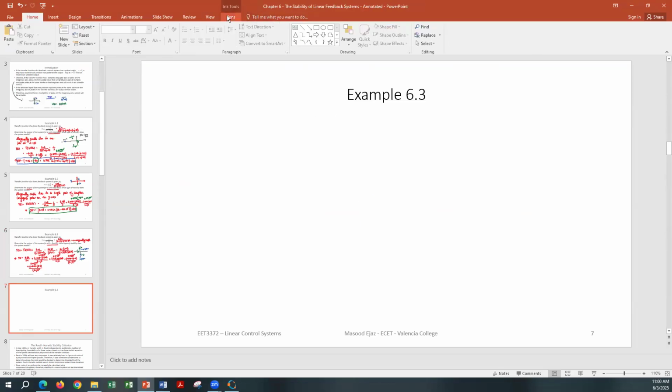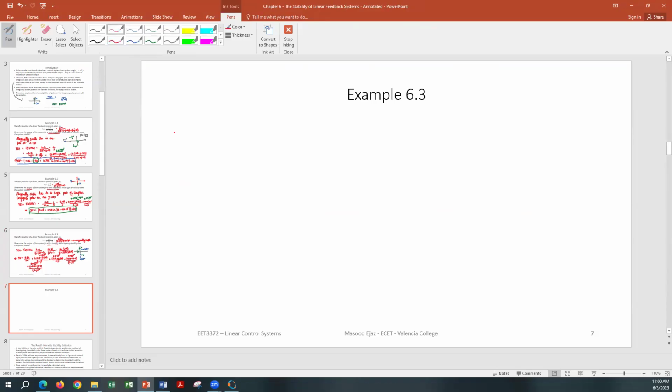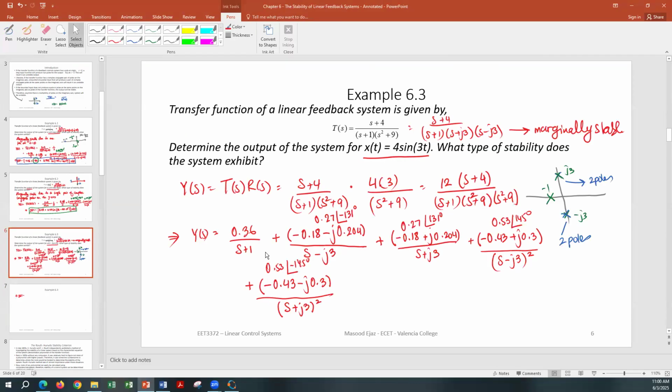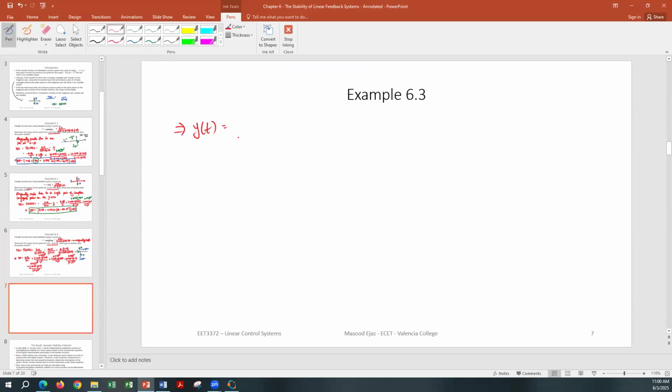So let's calculate y(t). Let's see if I can calculate it correctly. The first one, of course, is 0.36 e to the power negative t.